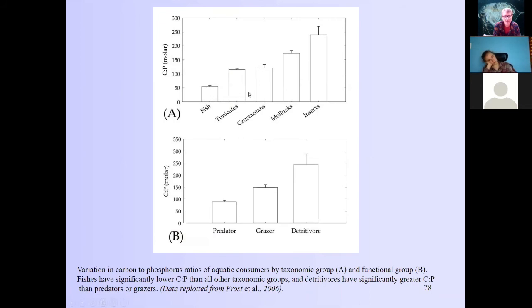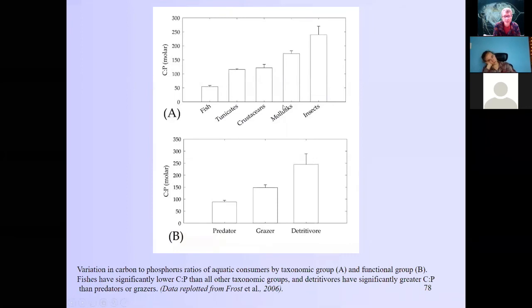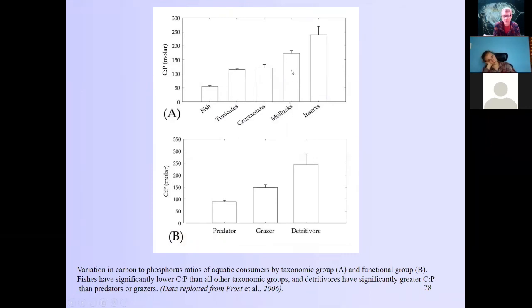And then as we move down, and the mollusks have their shells taken off, by the way. This doesn't include the carbonate shell. And so the insects are the most phosphorus poor, and the fish are the most phosphorus rich. What do you think it is about fishes that varies from these other organisms that means they have such a high phosphorus demand in their bodies?